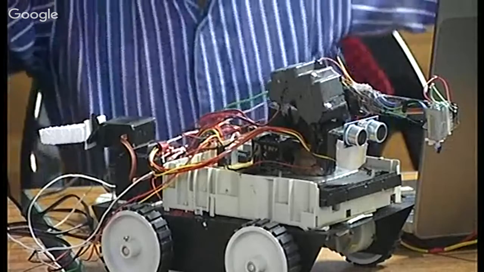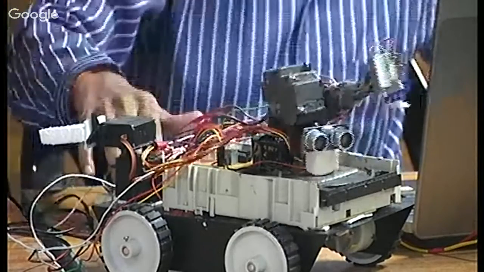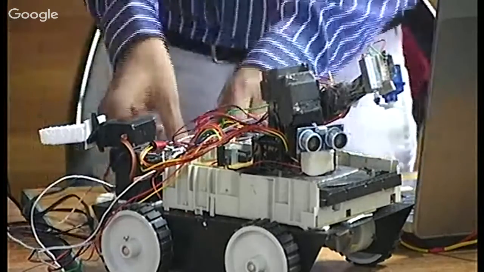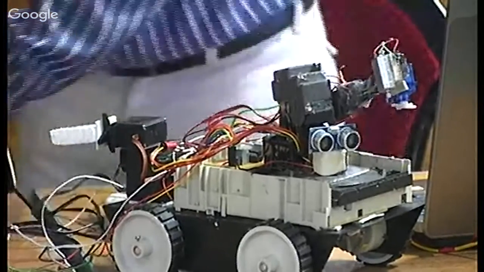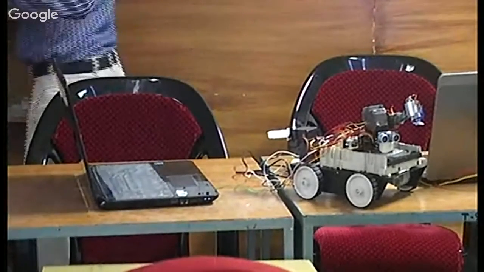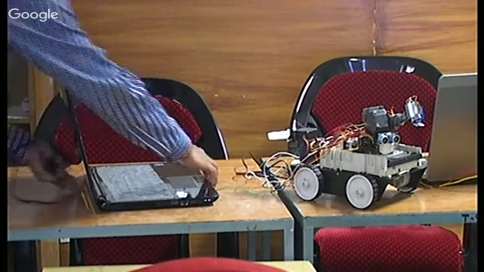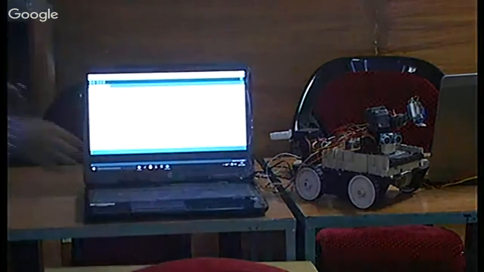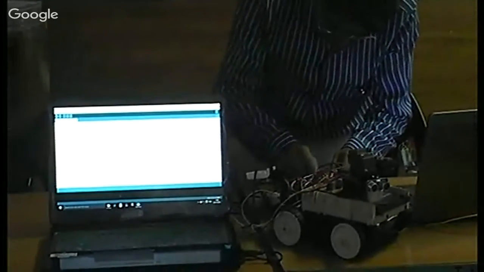Now I want to change the code of the robot. Switch off the power supply. Connect the USB jack to the robot Arduino.